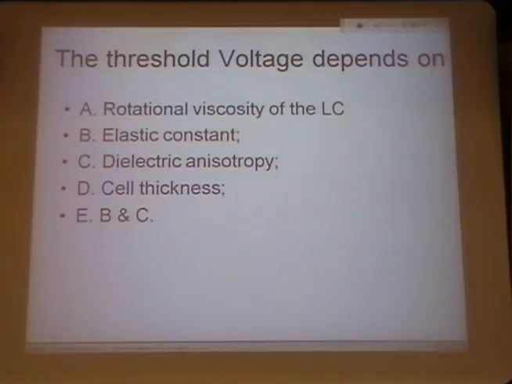All right, I'll stop the system. Looks like we got some 25 votes so far. All right. So the correct answer indeed is E, B, and C. So it depends on the elastic constant and the dielectric anisotropy.